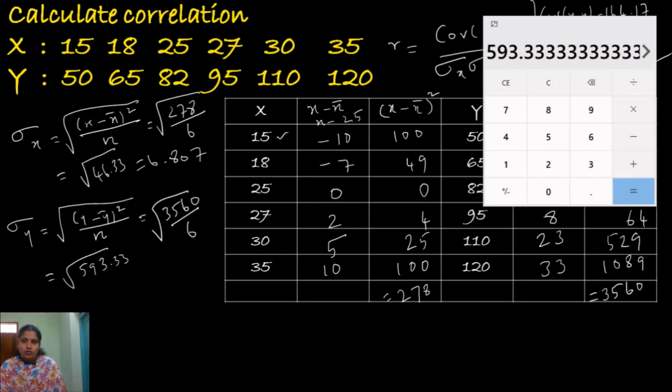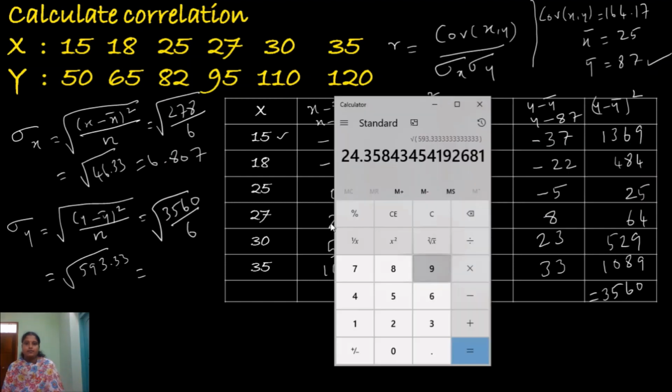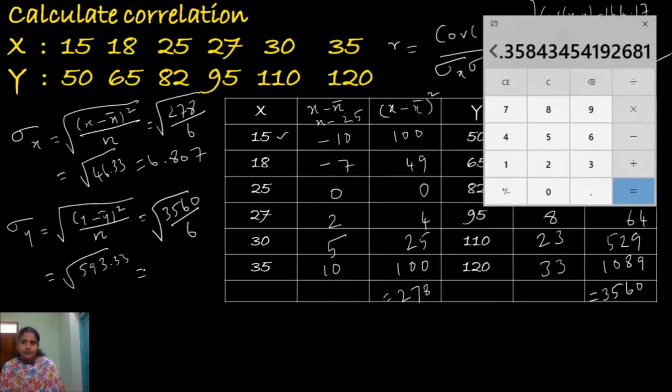Taking the square root of that value, I get 24.358.